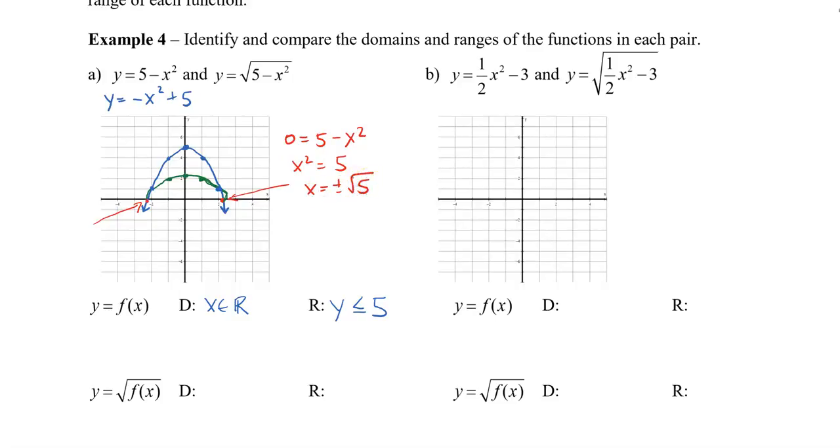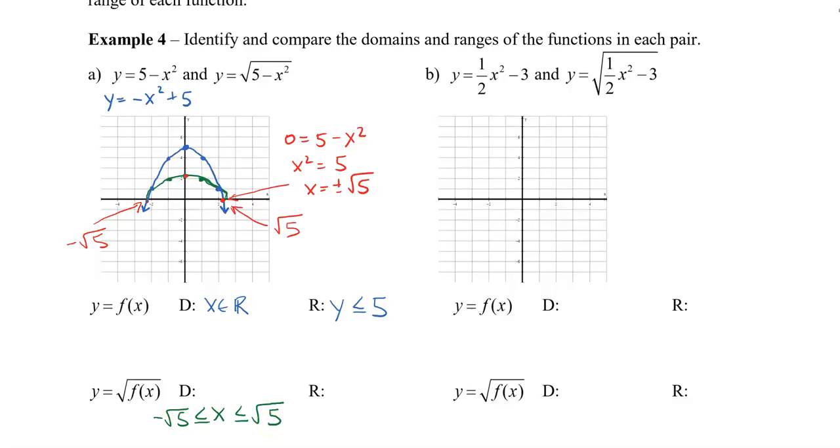So that means that this point on the negative side, that is our negative root 5. And the point on the right side of the y-axis, that's going to be our positive root 5. So knowing our x-intercepts, we know that the domain is between these 2 points. So we can say that the domain is between negative root 5 and positive root 5.